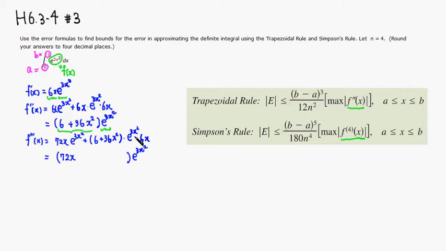From here, 6x times 6 is plus 36x. Plus 36x squared times 6x: x times x squared is x cubed, and 6 times 36 is 216. So 216x cubed.